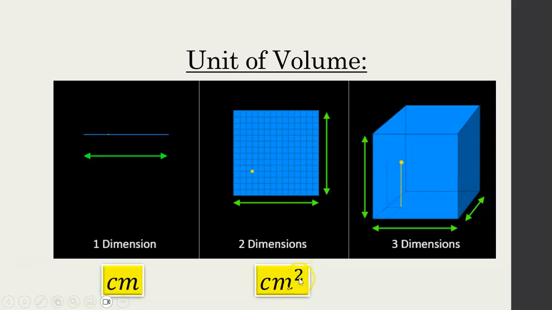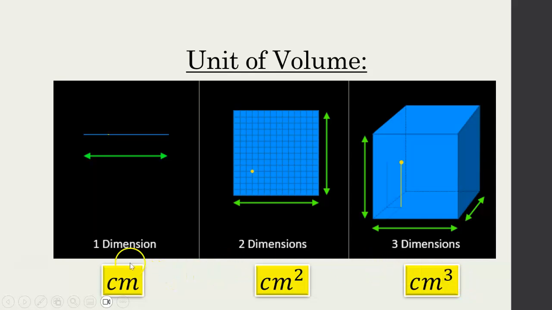And you'll notice, see the way it says 2, so it's to the power of 2, and there's 2 dimensions. So thinking about it, if we're counting little squares in 2D, what about 3D? What do you think the unit would be? Well, it would be centimeters cubed, and we'll see why.